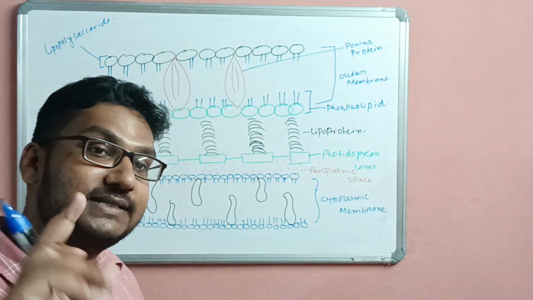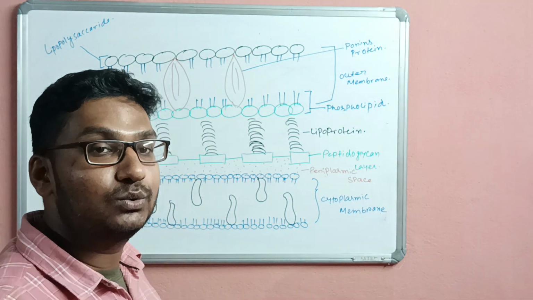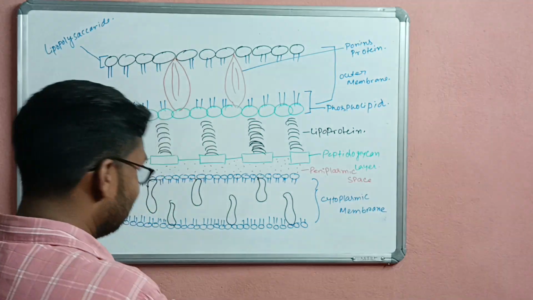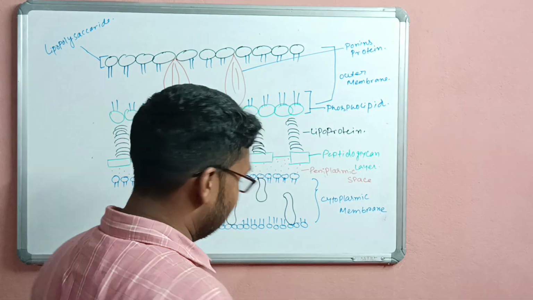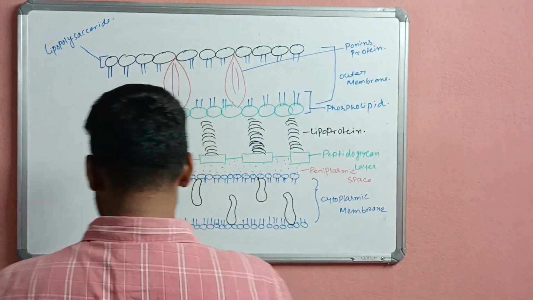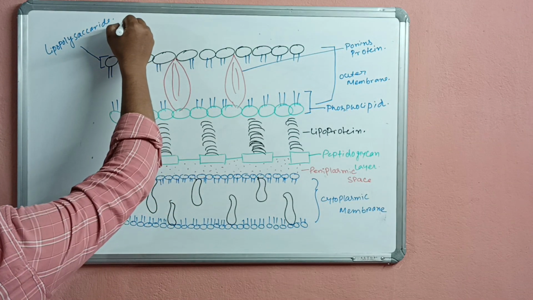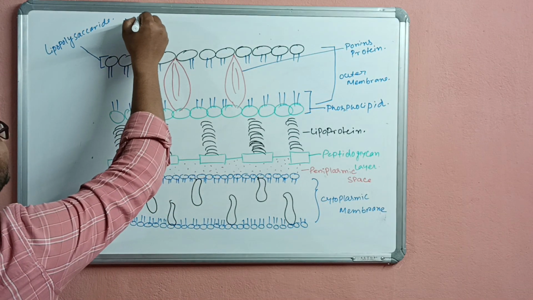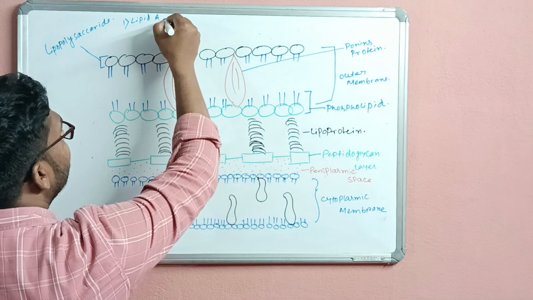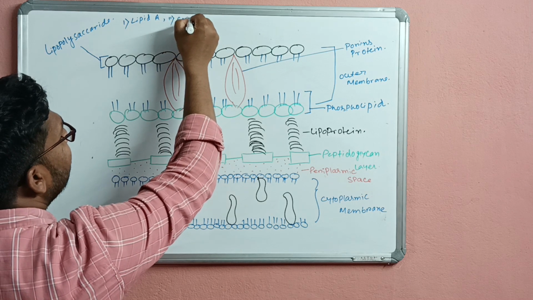This lipopolysaccharide is mainly subdivided into three parts. One is lipid A. Number two, core polysaccharide.